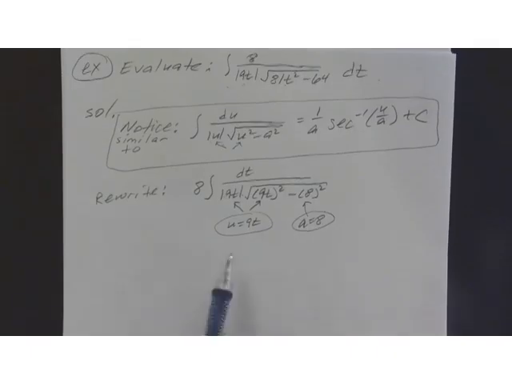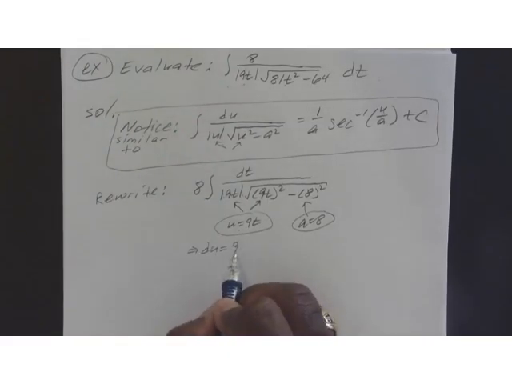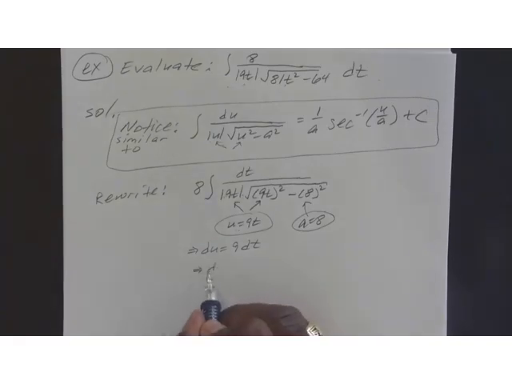Okay, so again, as soon as you identify your u, you can find your du. So du is equal to 9 dt. So if we divide both sides by 9, we have du divided by 9 is equal to dt.